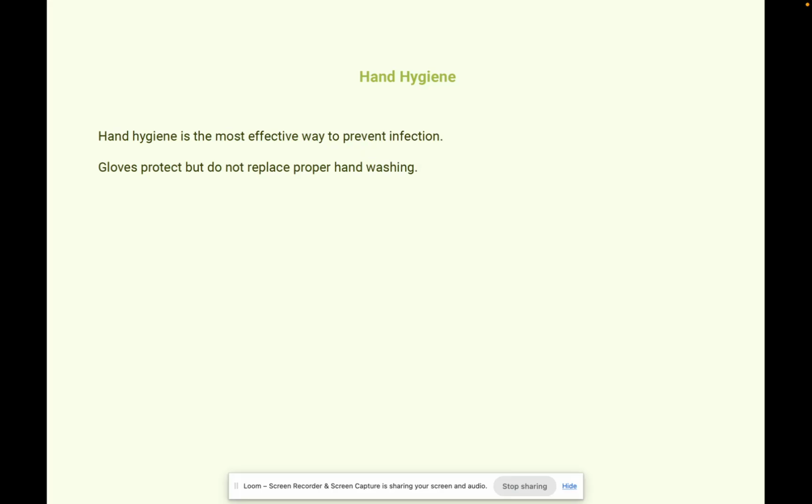Gloves help protect you when touching an infectious client and prevent spread to the next one, but hand washing is still the best and most effective. So even if you're wearing gloves, make sure that before and after wearing gloves, you always do hand hygiene, hand washing if possible, or using alcohol that is at least 70%. Those are the reasons hand hygiene is important to avoid the spread of microorganisms.